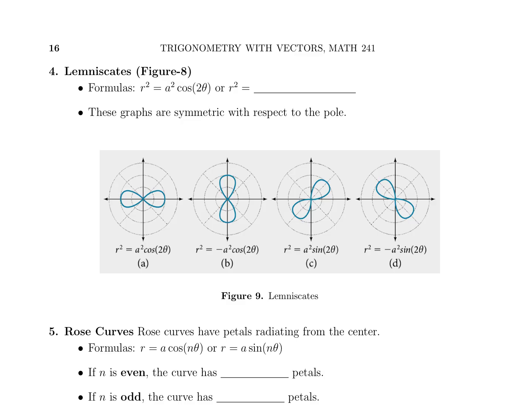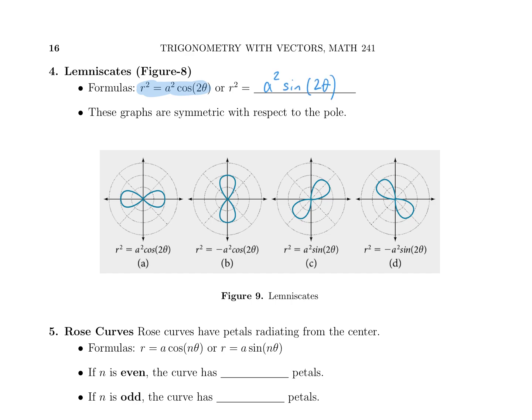Okay, so, whoa, all right. I don't know how to pronounce this word, but I think it's lemniscates, like lend me some skates, because I'm going to go ice skating. I'm just going to refer to it as a figure 8, and it's going to have this kind of form over here. r squared equals a squared cosine 2 theta, or it can also take on the form of r squared equals a squared sine 2 theta.